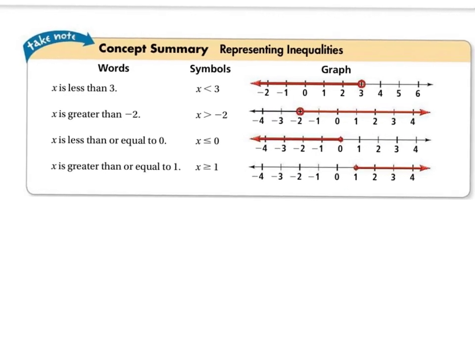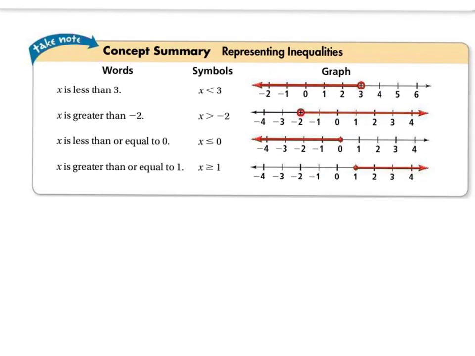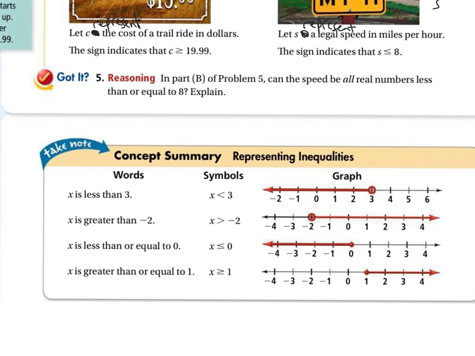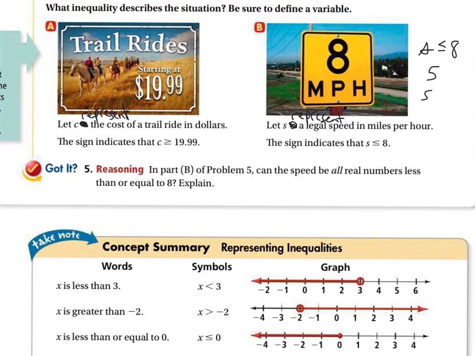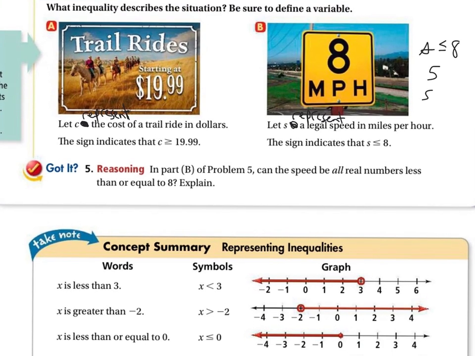So the concept summary, just kind of going through all that stuff that we just talked about here. Going back real quick on the got it 5, in part B of problem 5, can the speed be all real numbers less than or equal to 8? And the technical answer here actually is no, because the speed can't be negative.